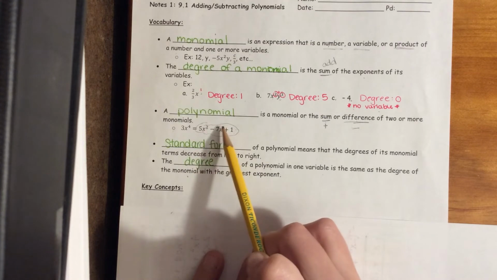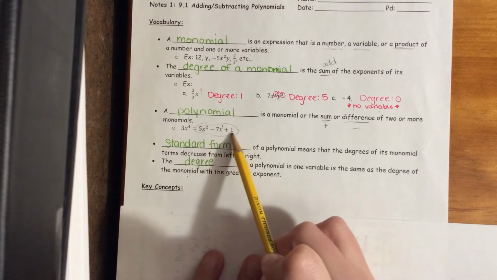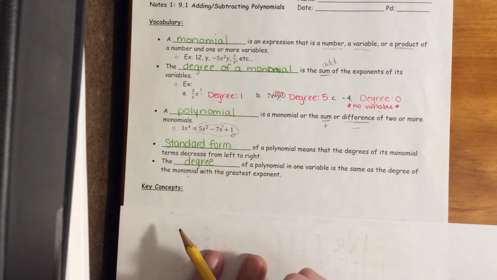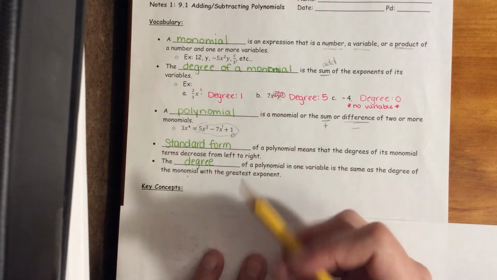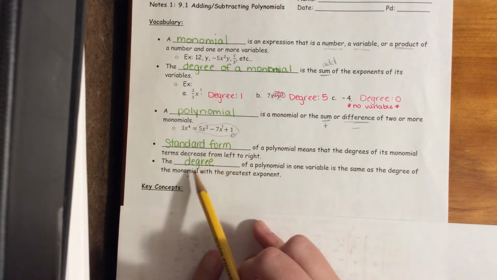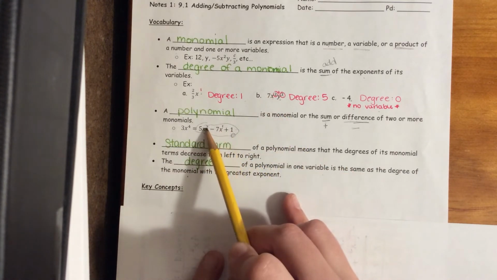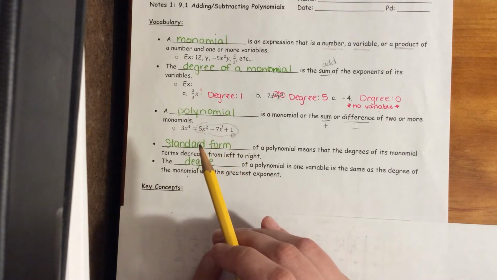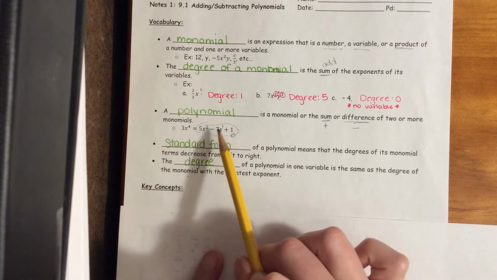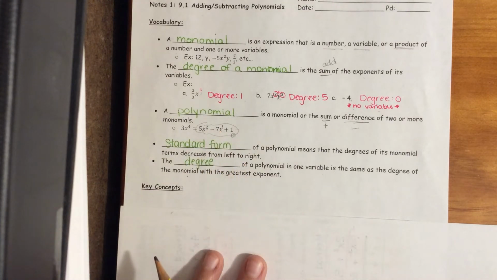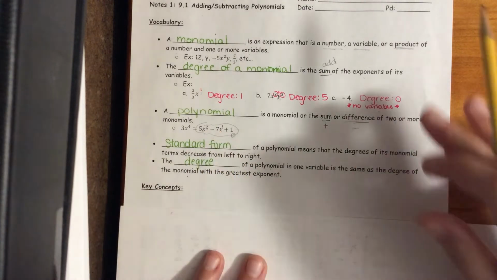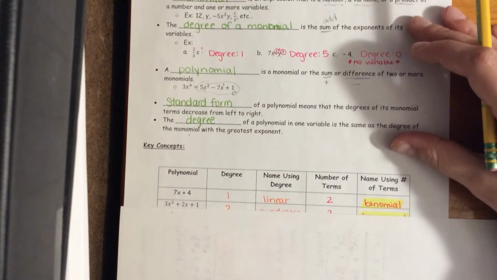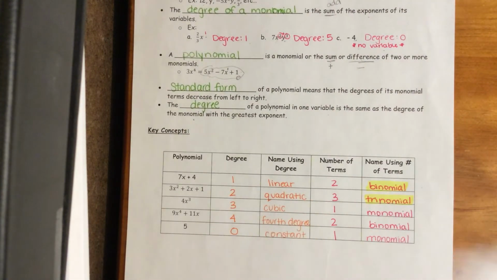Well, 2, 1, and the degree of this one is going to be 0 because there's no variable, no exponent. So the degree of this polynomial is going to be 2 because 2 is the highest degree that you have between these three monomials. Okay? So now let's get into some more key concepts here.